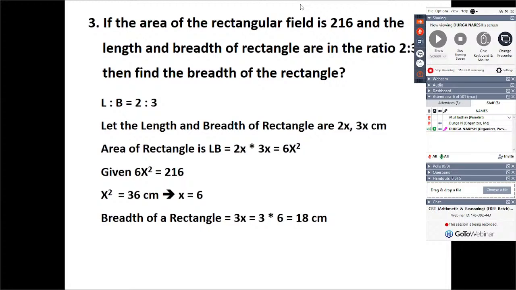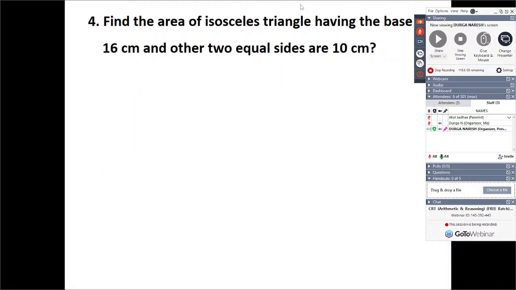Hope all of you understood now. Next one. Find the area of the isosceles triangle.